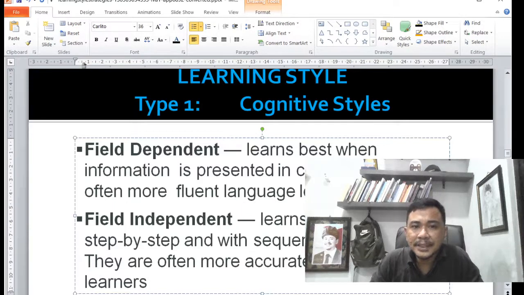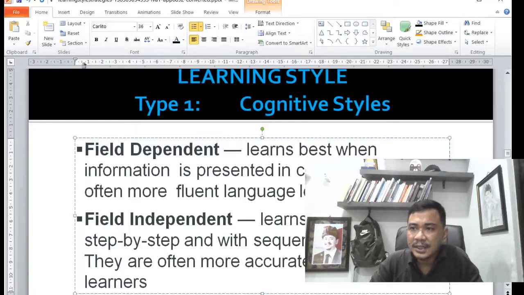Field independent, the other subtype of cognitive style, learns most effectively step by step with sequential instruction. This kind of person has to be guided step by step by the teacher.